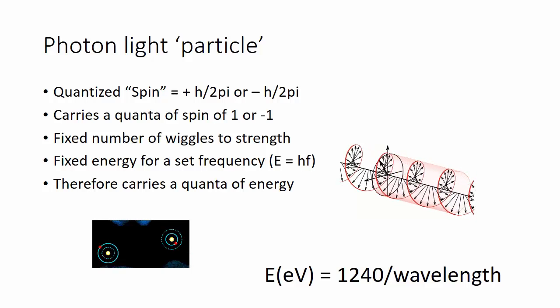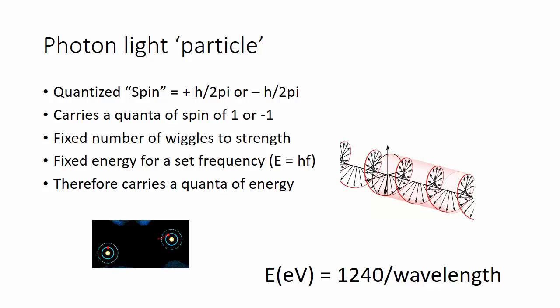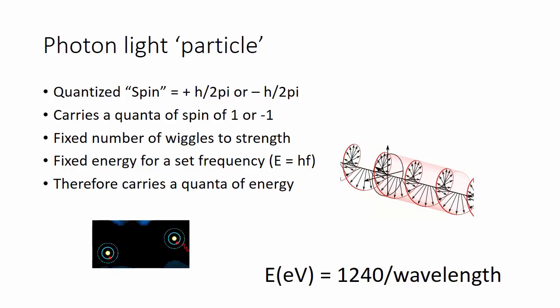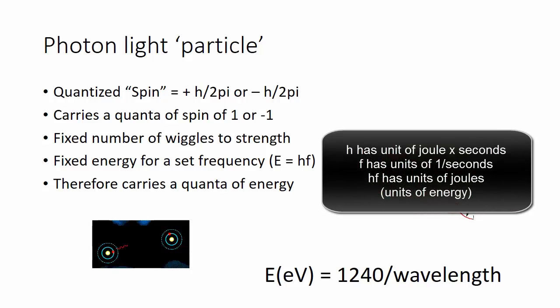So if any piece of light has a quanta of energy associated with it, E equals hf, where f is the frequency. So if you multiply this tiny number h by the frequency, you'll get the energy in joules of an individual light photon.